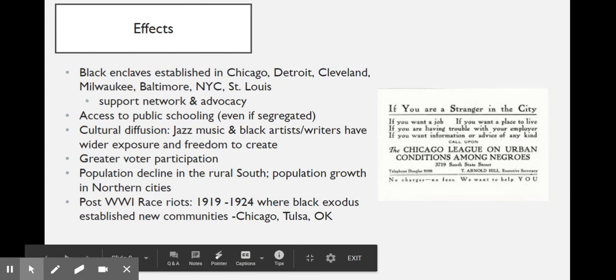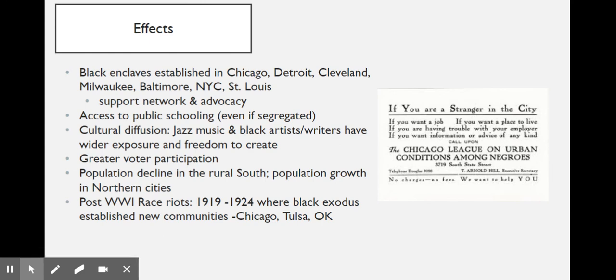So when we talk about the effects, we have a lot of effects. I mean, as I spoke before, we have Black enclaves that are going to develop in these cities in the North. And certainly that's going to create a network of people who can help bring new people to these enclaves, and certainly advocacy. If you're an African American in 1915, sure, where you live, you could buy the general newspaper.